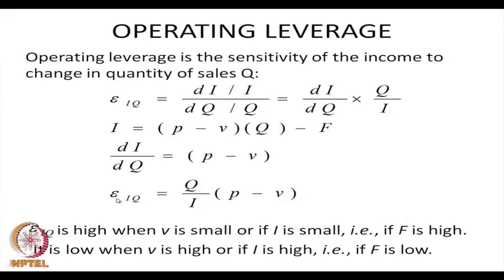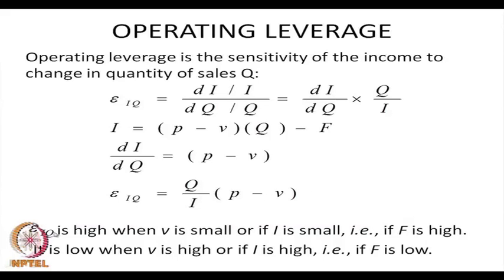Now, epsilon IQ, the operating leverage, is high when V is small. If V is small, this will be high, or if I is small, then also epsilon IQ is high. Now, from this relationship, I is small if F is high. So, epsilon IQ is high when V is small and F is high.